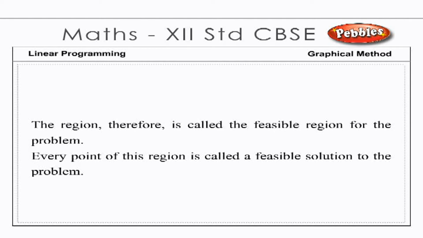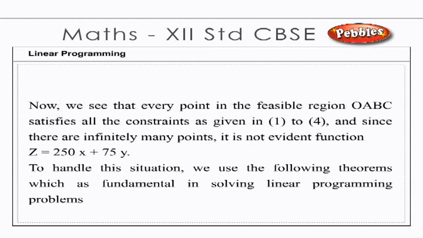Every point of this region is called a feasible solution to the problem. Now, we see that every point in the feasible region OABC satisfies all the constraints as given in 1 to 4, and since there are infinitely many points, it is not evident how to find the maximum of the objective function Z equal to 250x plus 75y. To handle this situation, we use the following theorems which are fundamental in solving linear programming problems.